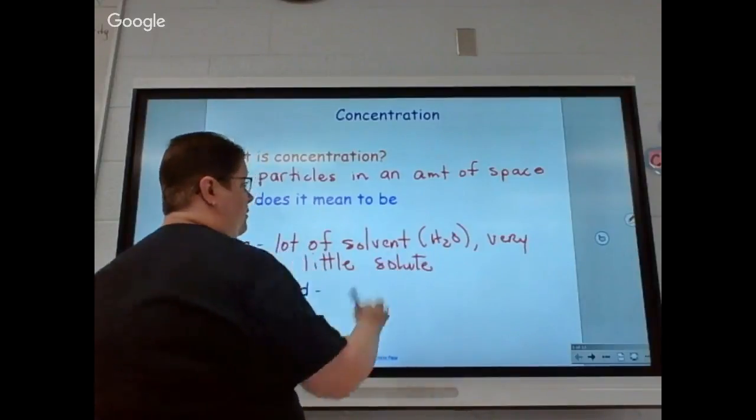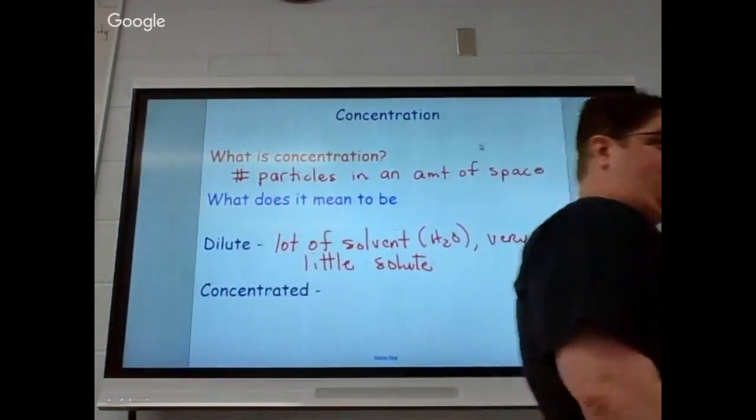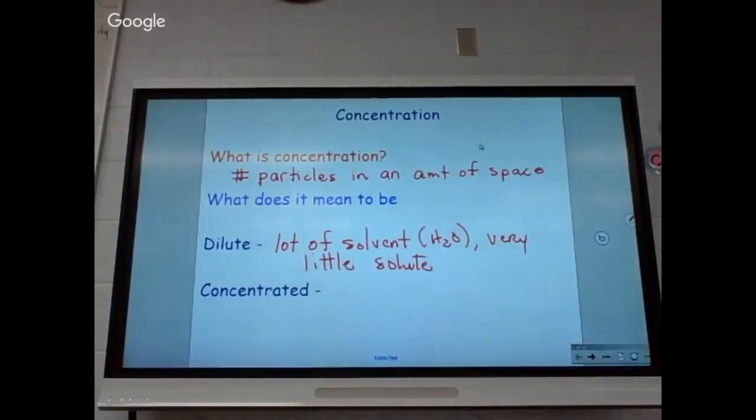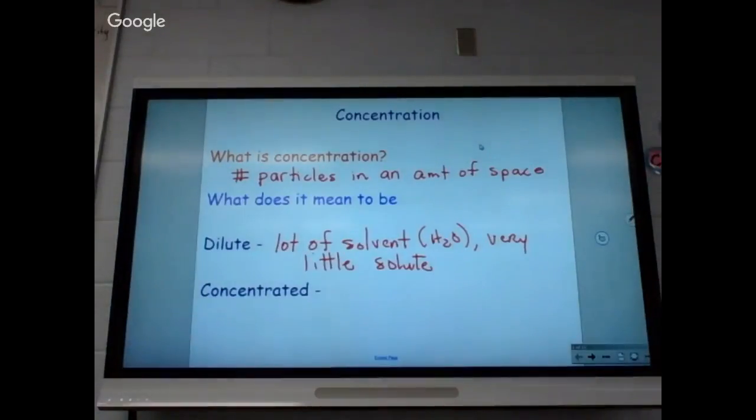So when we made our precipitates last week, because some of those chemicals are expensive, I gave you dilute solutions. 0.1 is pretty dilute.